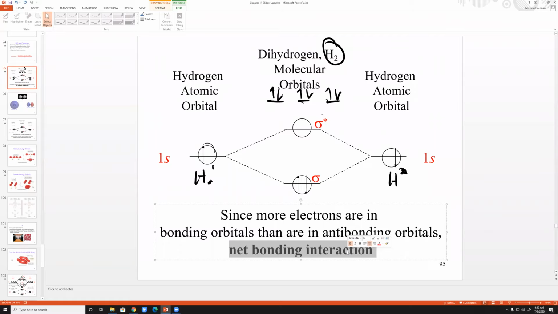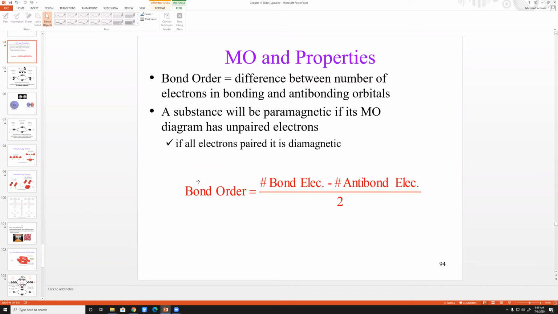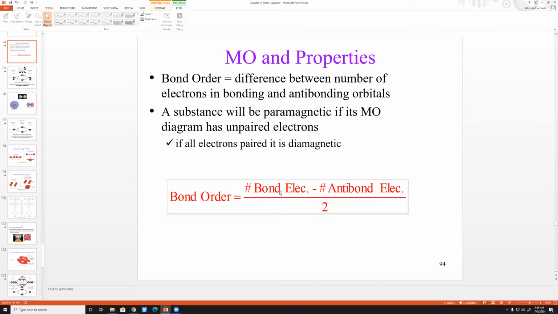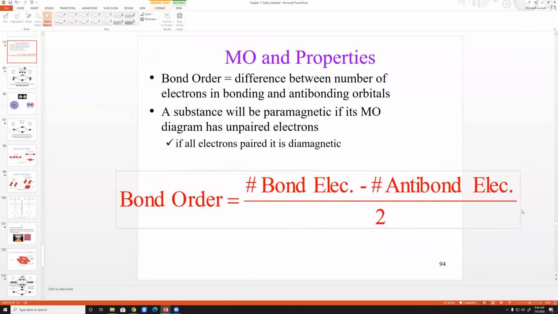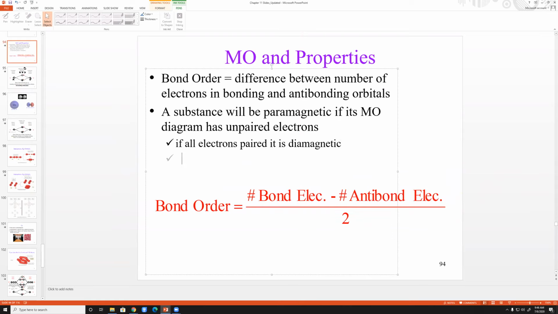What that means is the bonding outweighs the anti-bonding, therefore the molecule is going to bond. That is exactly what happens. And you can actually calculate this number, and it's called the bond order. So the bond order basically tells you, is the molecule possible? Very important. It's important, bond order.